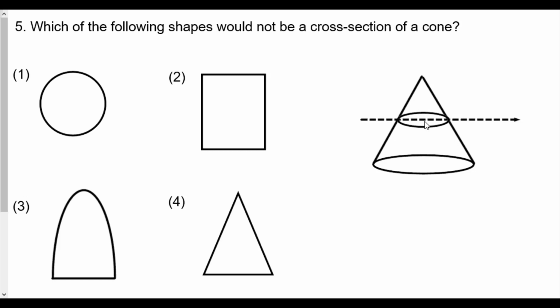So this cross section would look like a circle. If we cut it parallel to the base, we'd definitely get a circle as our cross section. Take off the cone, and the very top part would be a circle we look down on. Now the key word is, well, that should be the answer. No, we're looking for not a cross section. So it could not be this one.